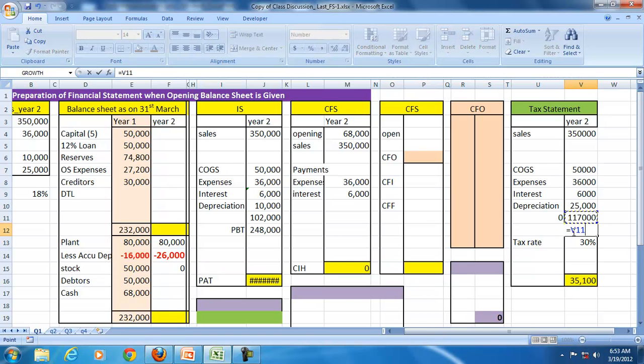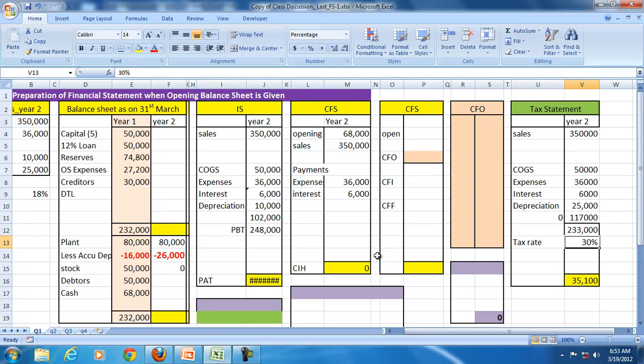So the taxable income is 350 minus 117, so it is 233,000. The tax payable is equal to 30% of 233,000, that is 69,900.